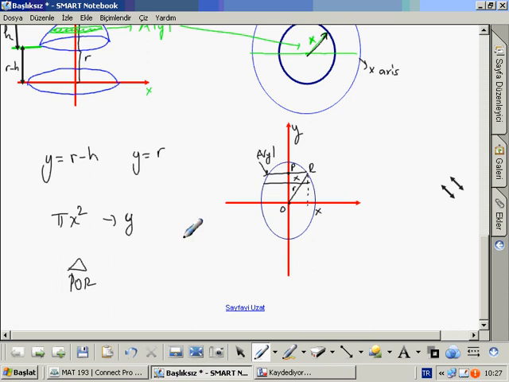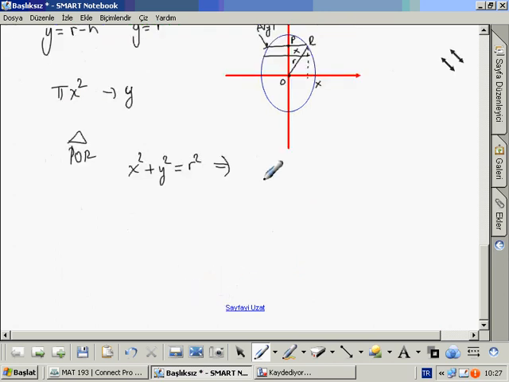So by the Pythagorean theorem, we know that x squared plus y squared equals r squared, so that x squared equals r squared minus y squared.